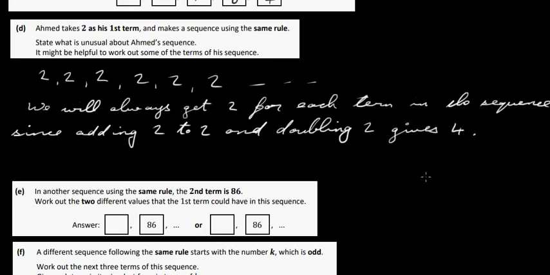So if you add 2 to 2 you get 4, and if you double 2 you'll always get 4 as well.